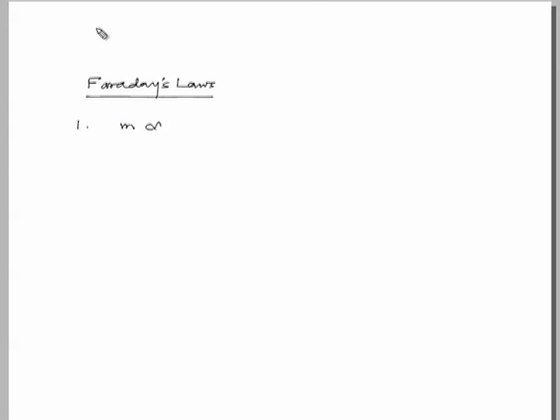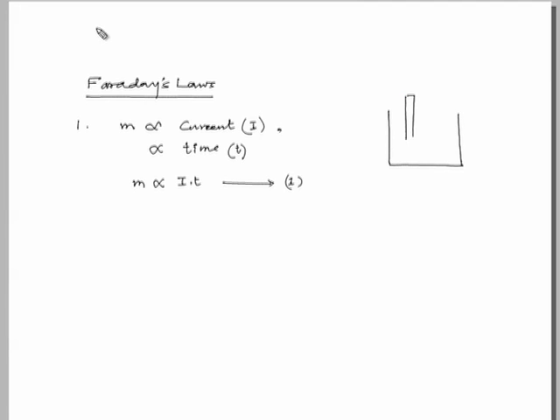So, this can also be explained like this. M is proportional to current and also proportional to time, that is T. So, combining, we can write M is proportional to I times T. This we can call equation number 1, and this can be schematically represented in terms of one simple cell like this, which will be connected to a voltage source.